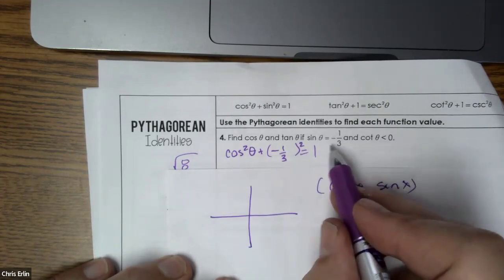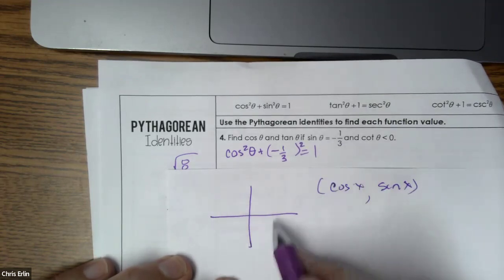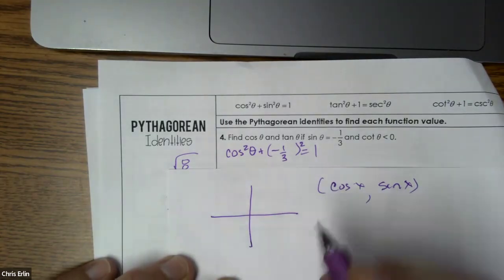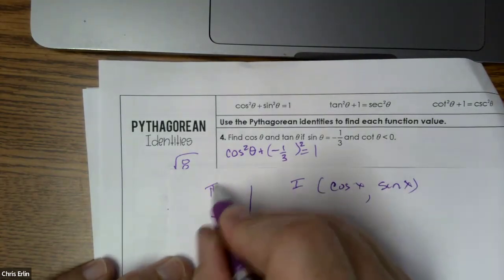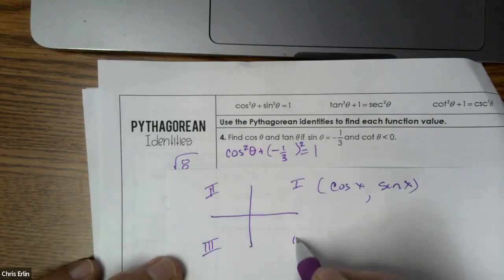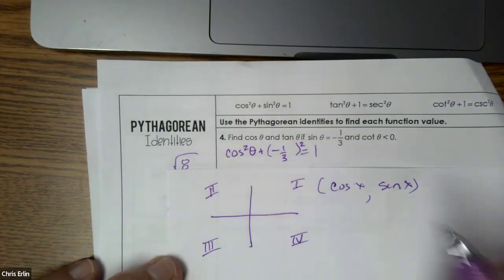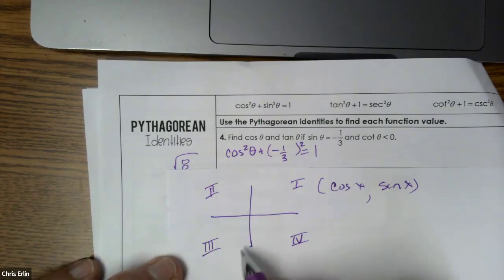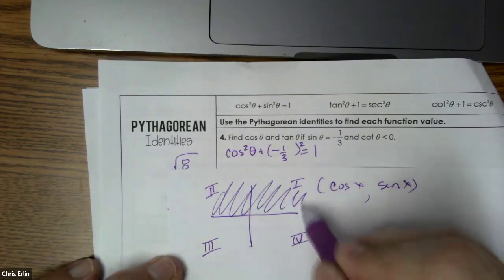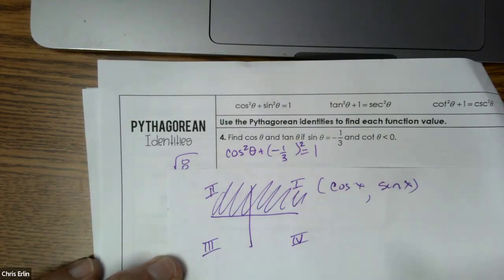If I know that the sine is a negative number, which quadrants could this possibly be in? 1, 2, 3, or 4? It's got to be 3 or 4, right? If sine is negative, it can't be up here. So I'm going to cross those out. Now, it could be either one of these, right?